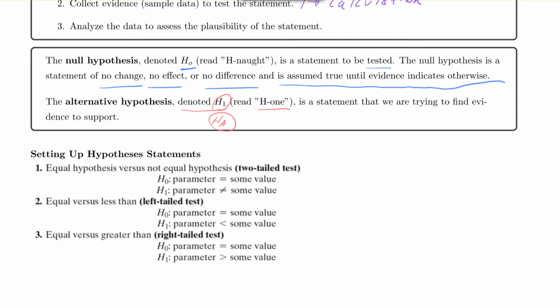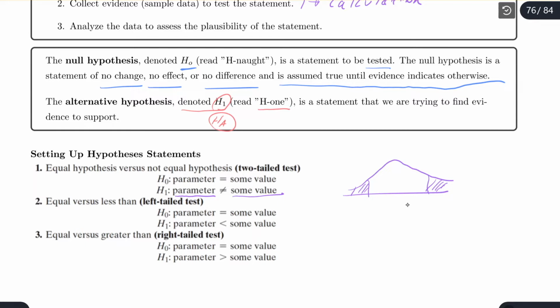So the first one is the null hypothesis versus the not-equal-to alternative hypothesis. So the parameter we're dealing with, either mean, proportion, or standard deviation, is not equal to some value. That's how we have a two-tail test. Using the normal distribution table or also the t distribution, we're finding this probability.